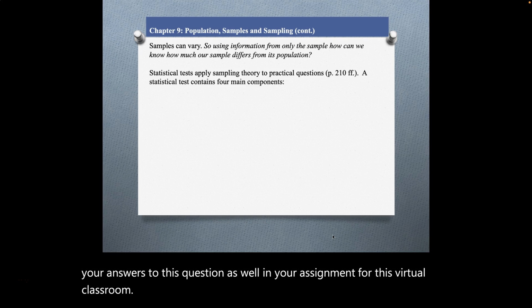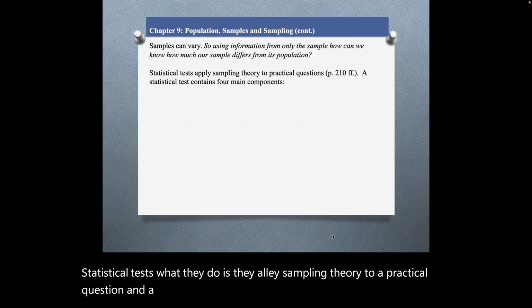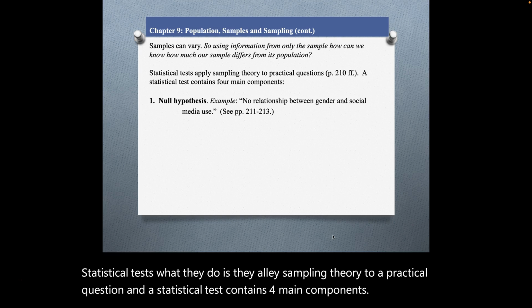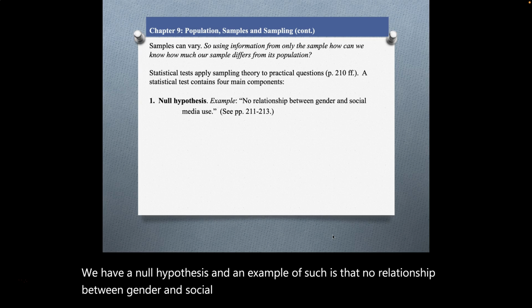Statistical tests apply sampling theory to a practical question. A statistical test contains four main components. We have a null hypothesis, an example of which is no relationship between gender and social media use.